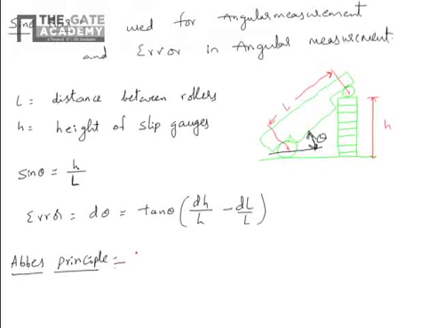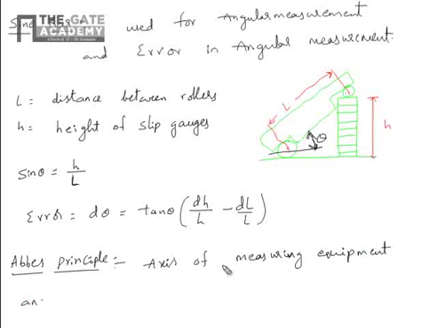Abbe's principle explains that the axis of measuring equipment and the axis of the component must be parallel or perpendicular to each other.